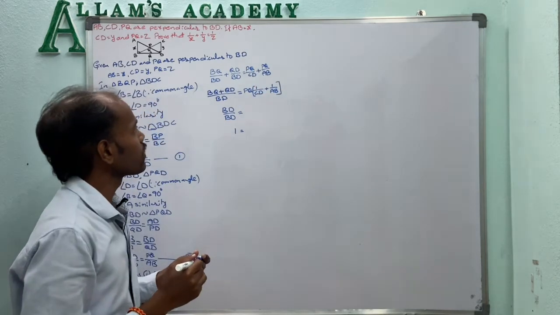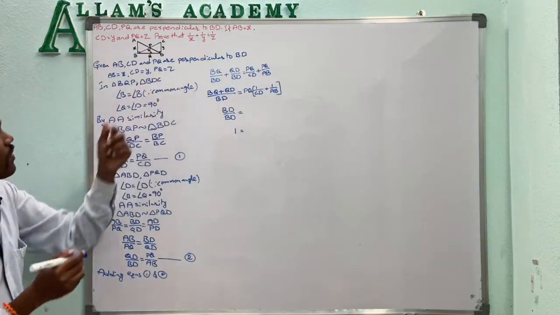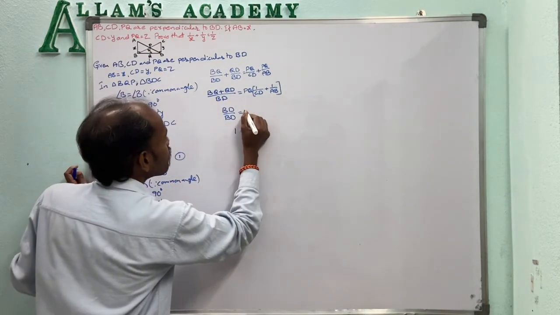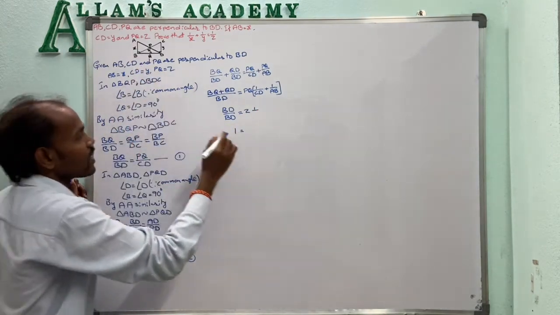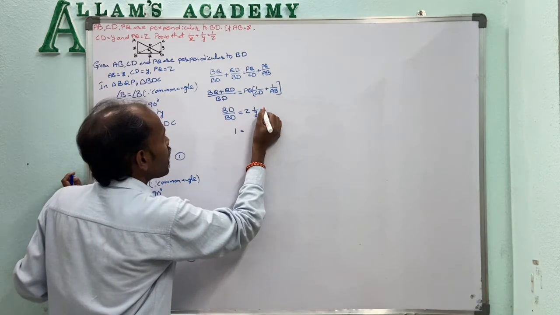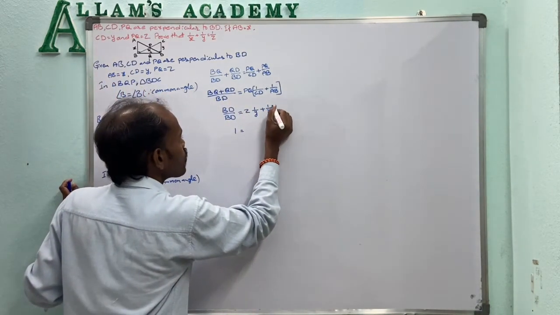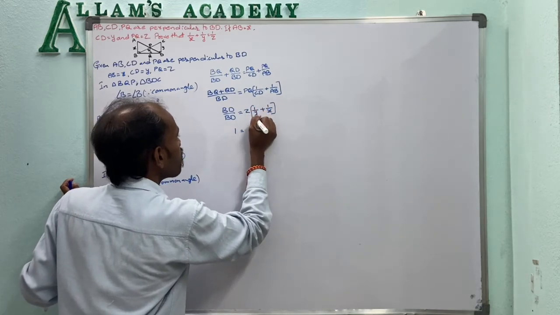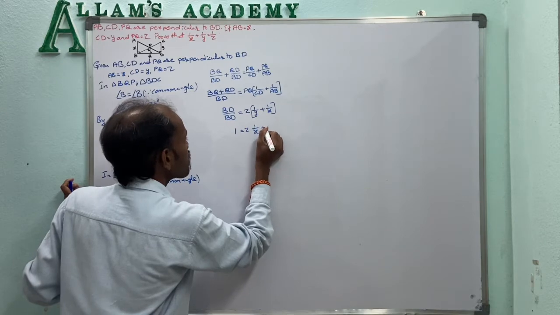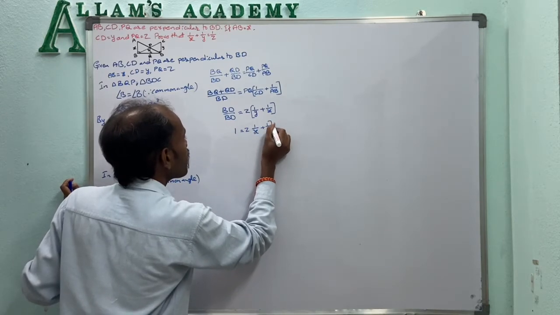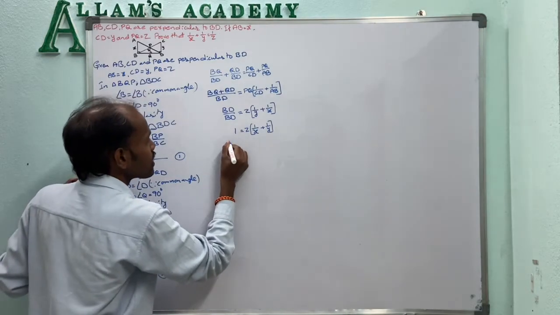Now PQ length is given as Z, CD length is given as Y, and AB length is given as X. So 1 equal to Z into 1 by Y plus 1 by X, that is Z into 1 by X plus 1 by Y. Now this multiplication Z transfers to the other side as division.